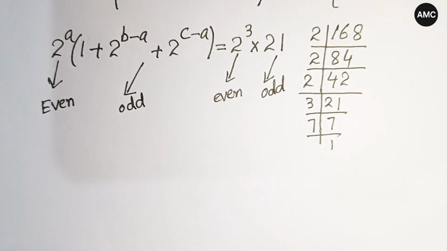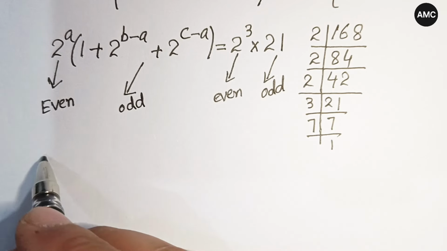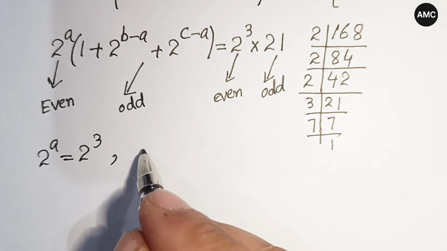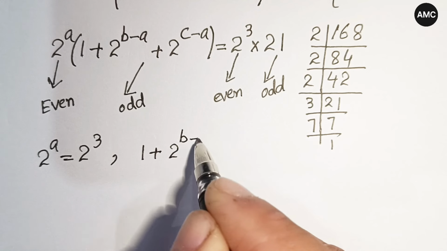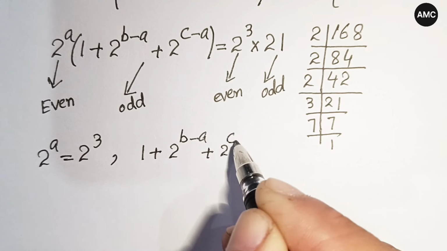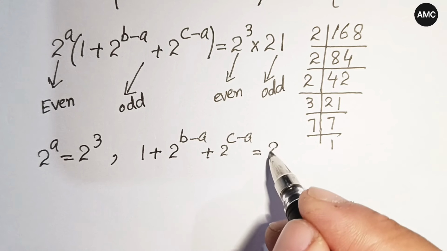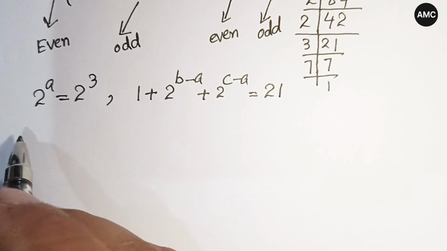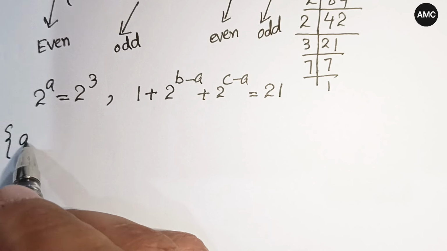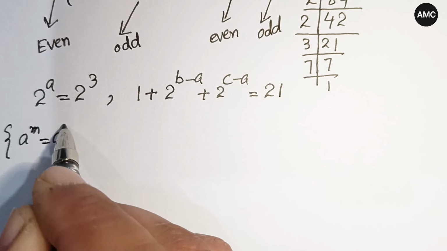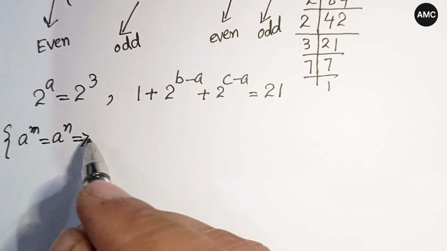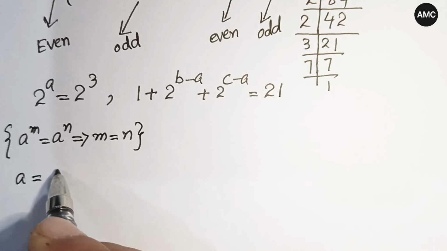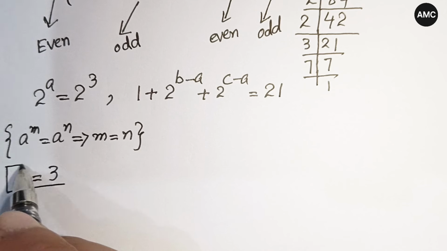So 2^a is equal to 2 cubed, and the expression 1 plus 2^(b minus a) plus 2^(c minus a) is equal to this odd number, 21. Here, as we see that the bases are the same, the powers are equal according to this property: if a^m is equal to a^n, then it implies that m is equal to n. So applying here, we get a is equal to 3. It is our value of a.